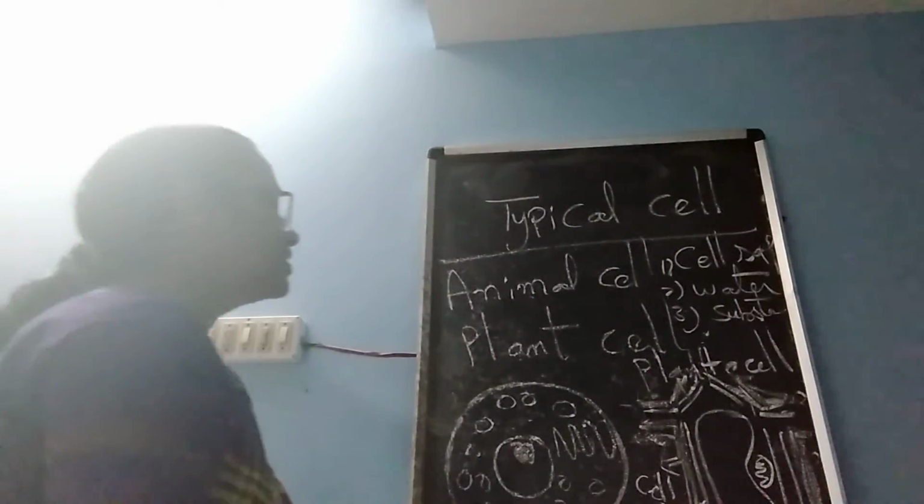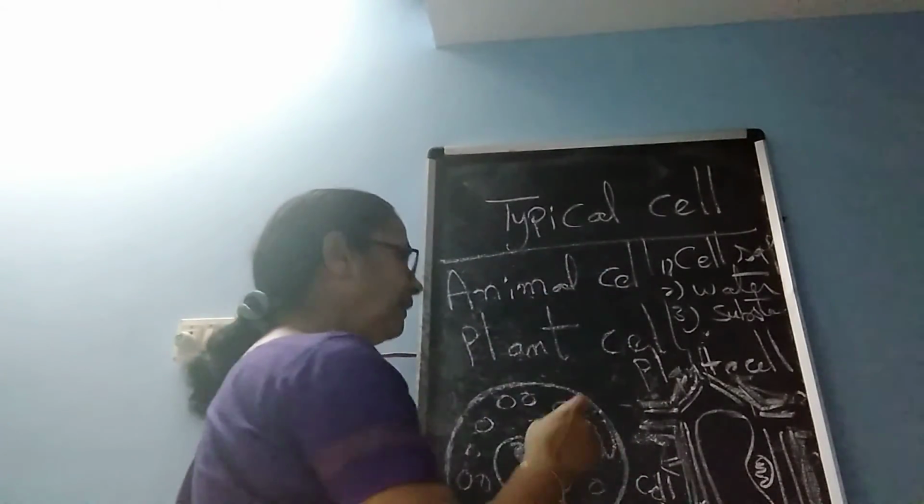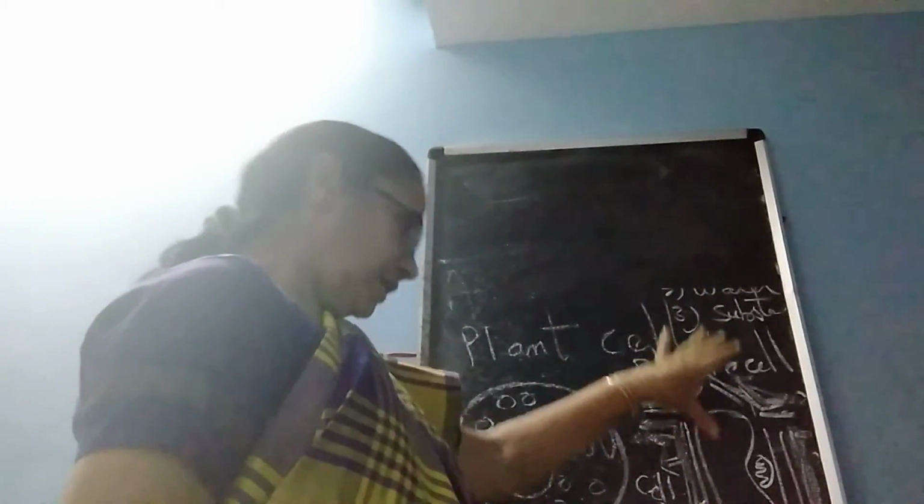If you want to know something about a cell, we have to study the different organelles of a cell. A typical animal cell differs from plant cells in having small vacuoles, whereas the plant has a large vacuole. Plant cells have chloroplasts; animal cells do not.